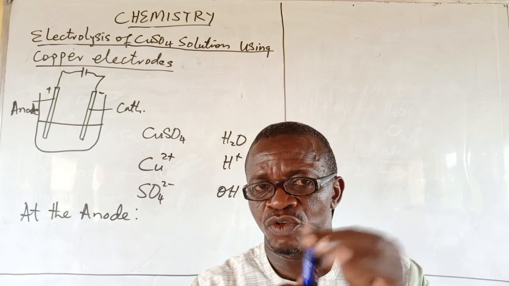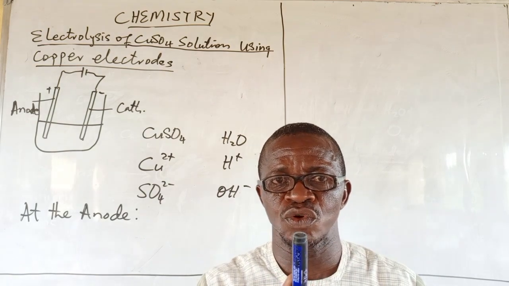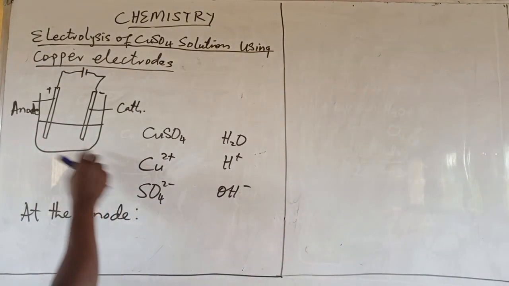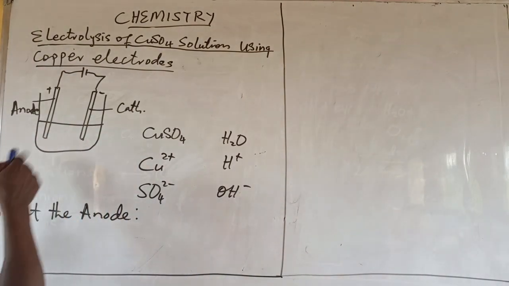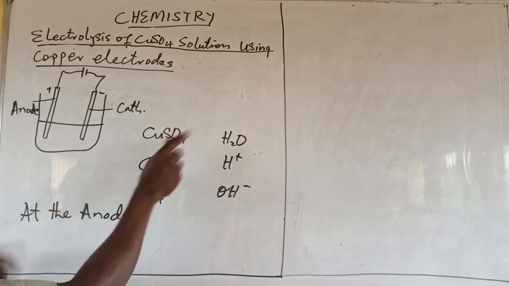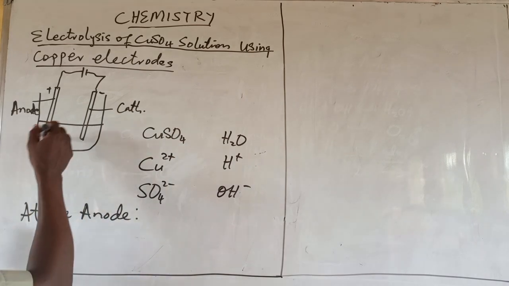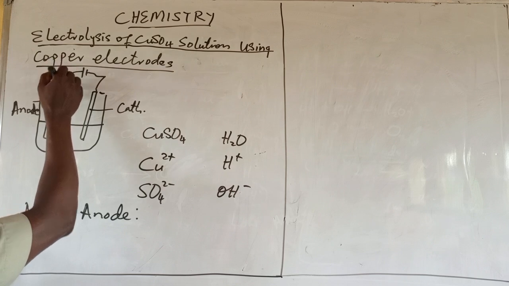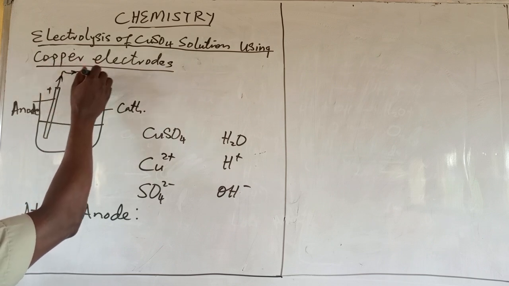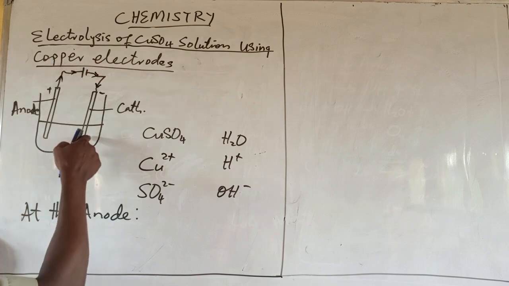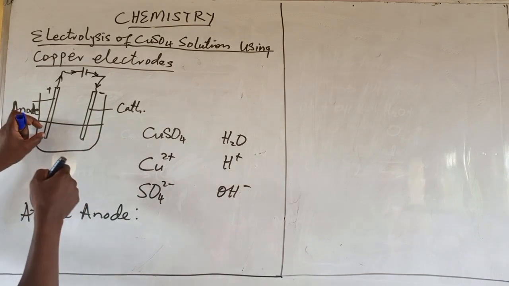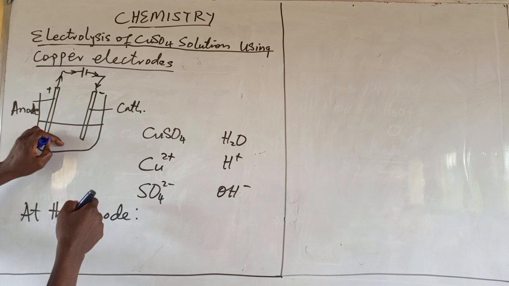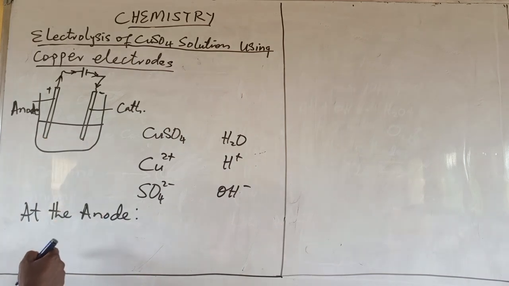You cannot be part of the electrode again. Instead, you have to go to solution, because that's where you have copper ions in the solution. So atoms on the surface will start giving out two electrons each. As they give out the electrons, the electrons go up, and then they will flow down to the cathode. Once it gives the electron, it itself will fall into the solution and be part of the solution.